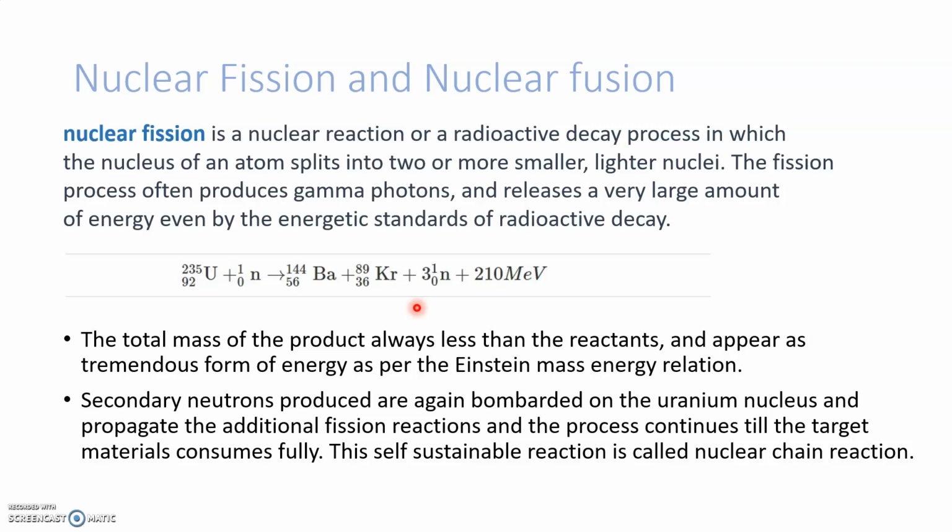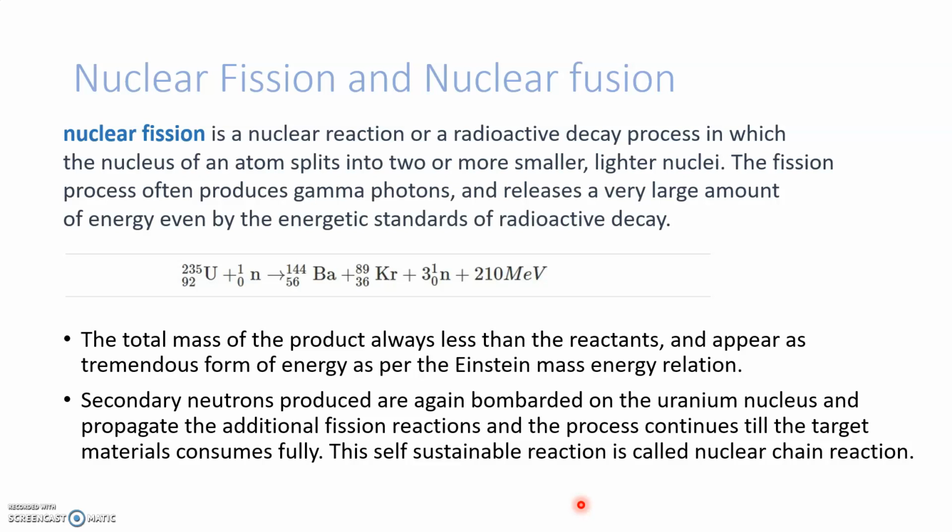So, this self-sustainable reaction is called a nuclear chain reaction. If the amount of the material is very low, it cannot undergo a chain reaction, and the nuclear fission stops there.